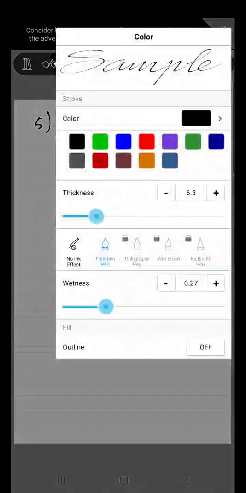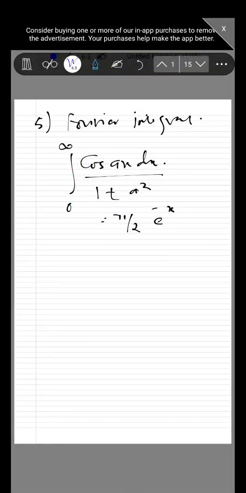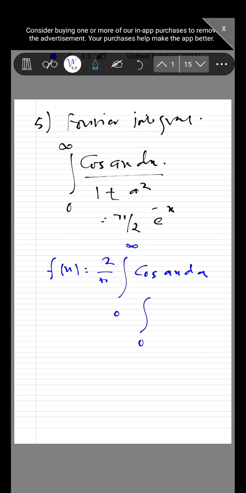So first we will use the Fourier integral theorem. So f(x) is equal to 2 by pi, integral 0 to infinity cos ax dA, into integral 0 to infinity e to the power minus u cos AU du.